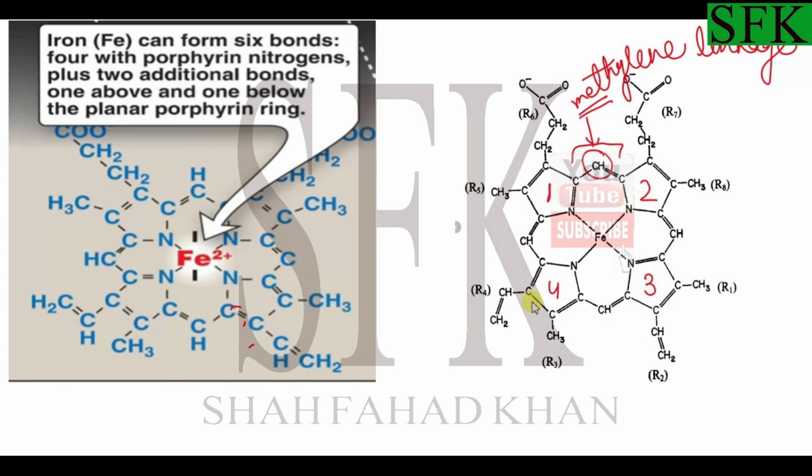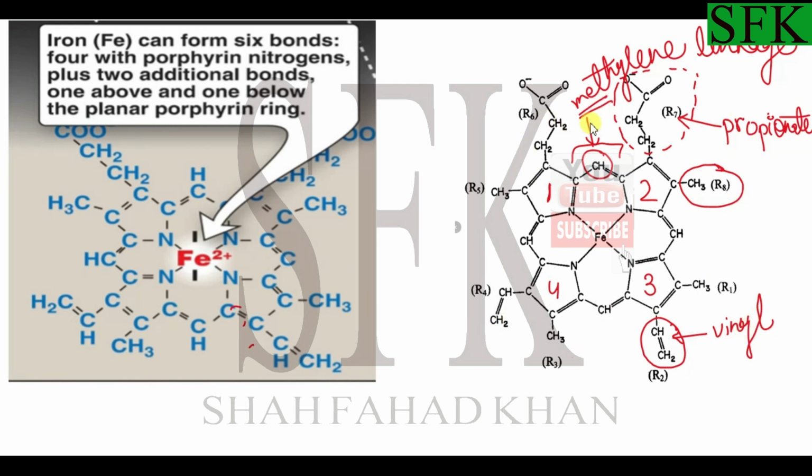The type of tetrapyrrole present here is known as protoporphyrin 9, and it contains a few branches as well. This is a propionate branch, or using IUPAC naming, propanoate, a three carbon acid. Then there is a methyl branch, and a vinyl branch as well.